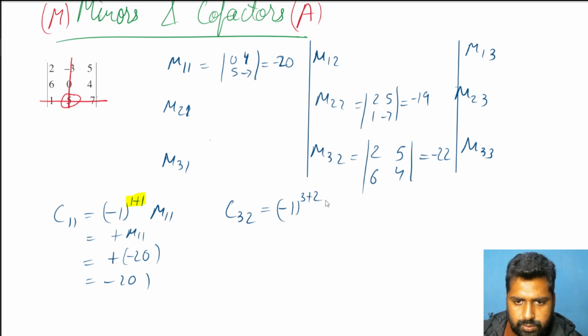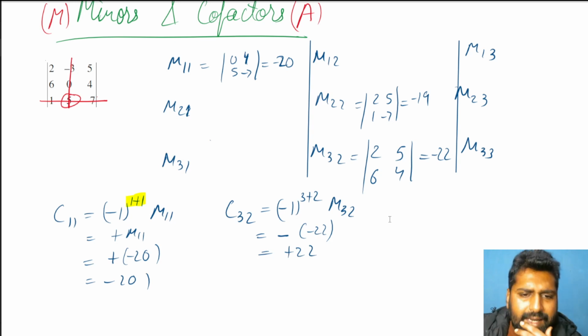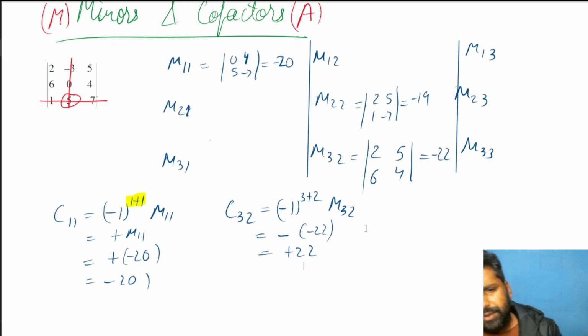So C32 is negative M32, since it's minus 1 raised to an odd power. Negative M32, that's minus of minus 22, so that is plus 22. I hope you get the idea how to calculate minors and cofactors now. We'll be doing this separately also, but this is just to give you an idea, because calculating cofactors of all the elements, we'll be doing that in adjoint.